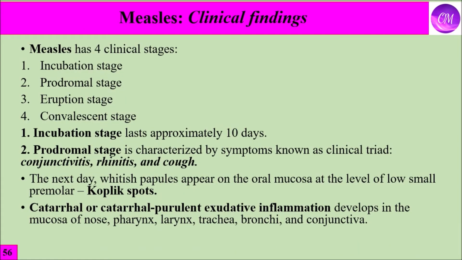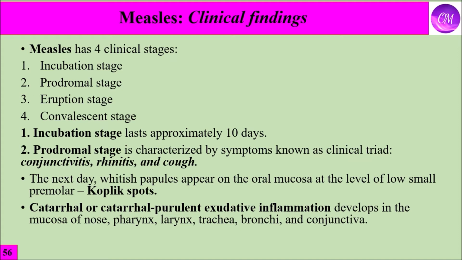So, the clinical findings of measles. Measles has 4 clinical stages: incubation stage, prodromal stage, eruption stage, and recovery or convalescent stage. The incubation stage lasts approximately 10 days. The prodromal stage is characterized by symptoms known as the clinical triad: conjunctivitis, rhinitis, and cough.